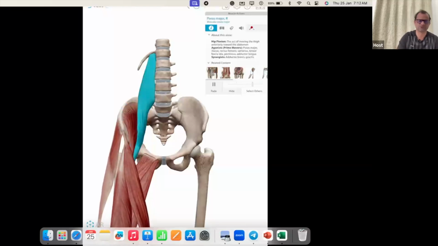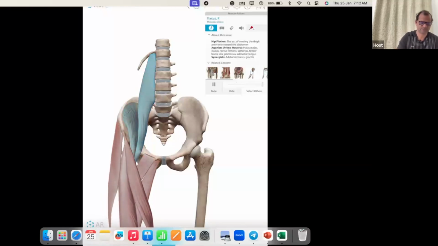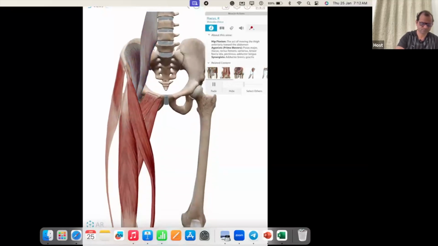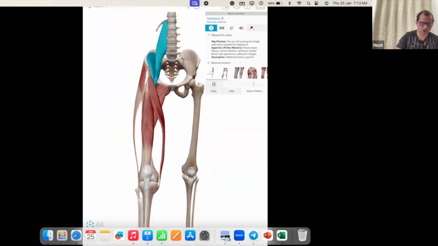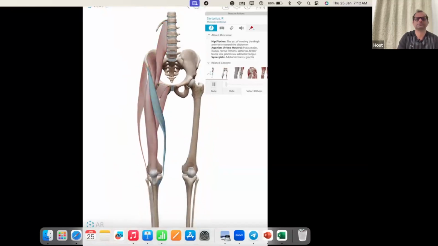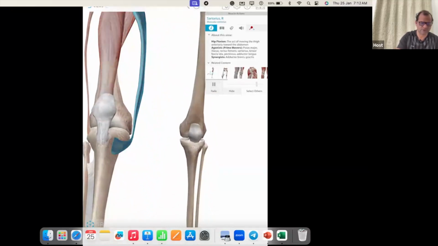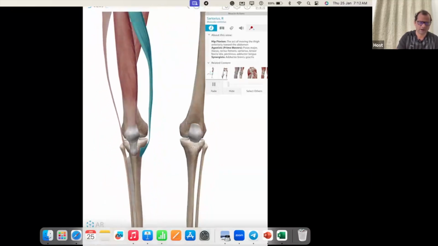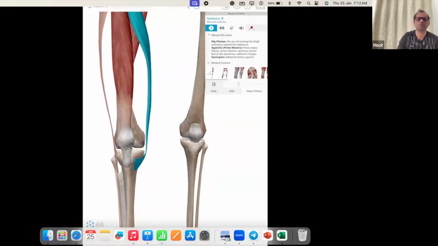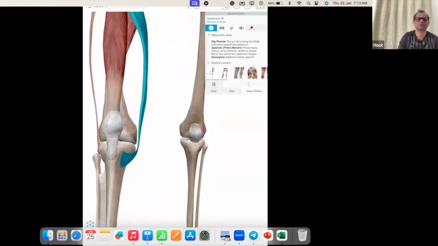Both together are also supplied by the femoral nerve. Then we can see this oblique muscle, the sartorius, also femoral nerve. Sometimes compression of the femoral nerve causes medial side knee pain. हमारे घुटने के अंदर दर्द कई बार femoral nerve compression से होता है.